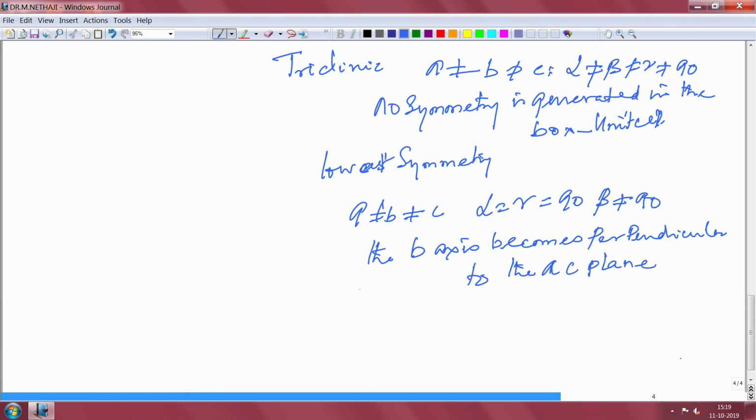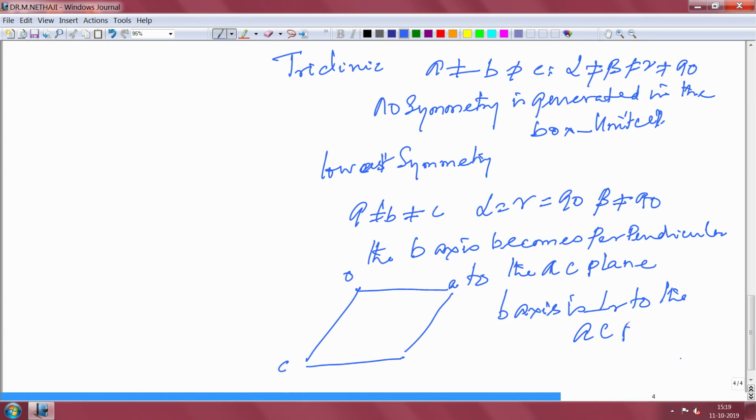So, when we construct it, this is my C, this is my A, this is the origin. The B axis is perpendicular to the AC plane.